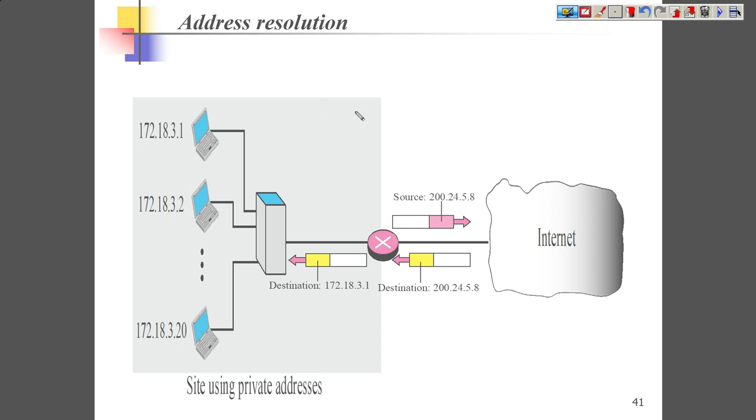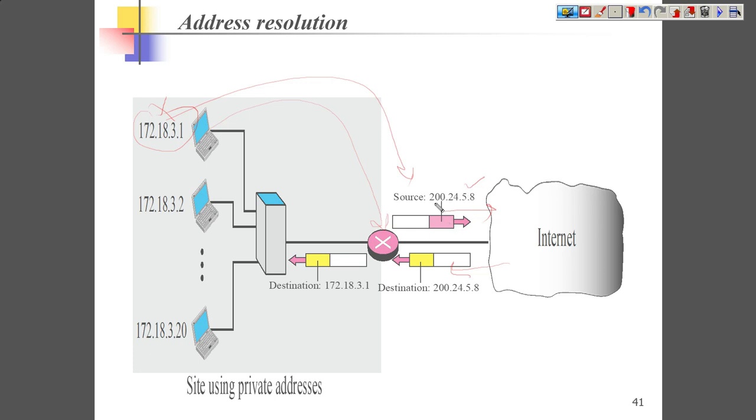This is the same scenario. This is the network. So it sends the request. The request goes to this NAT router. The router will replace this IP with the global IP, and the packet is delivered somewhere in the internet. And then when the reply comes back, to the outside world, this IP is not visible. Only this IP is visible, which is a global IP, which is a public IP.